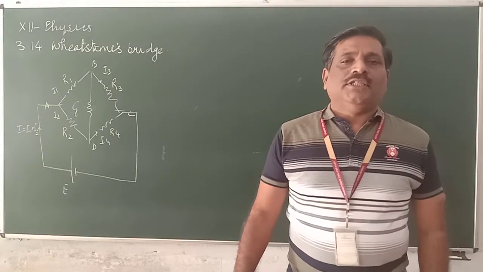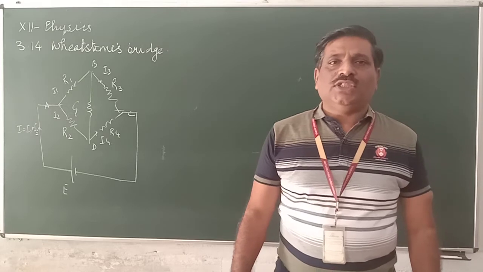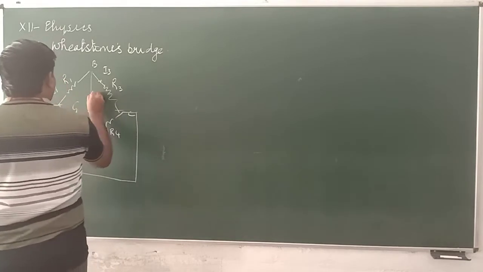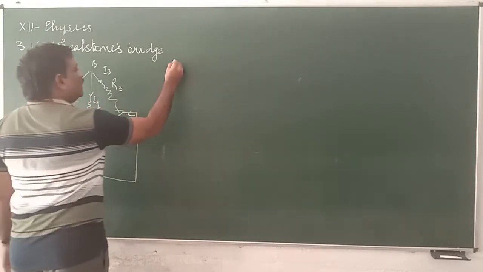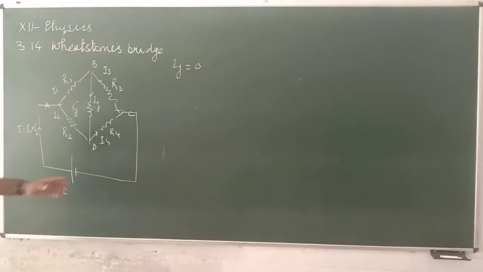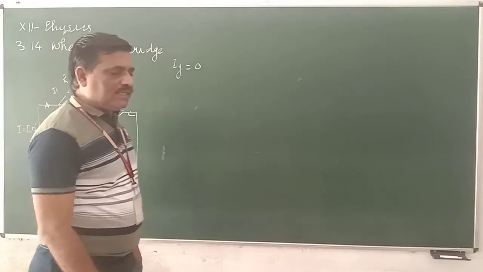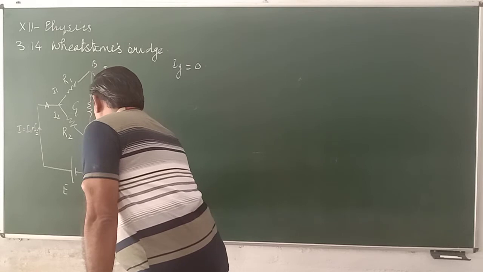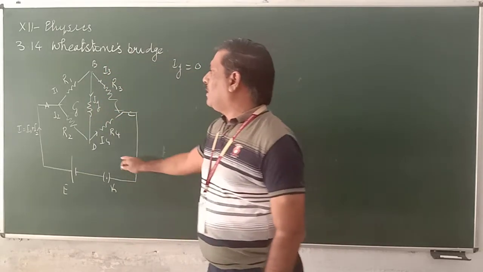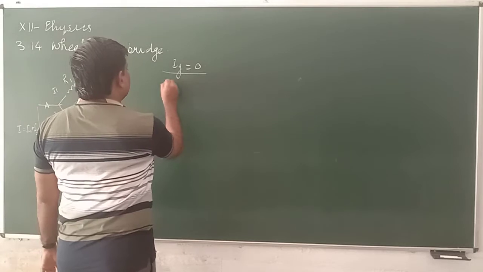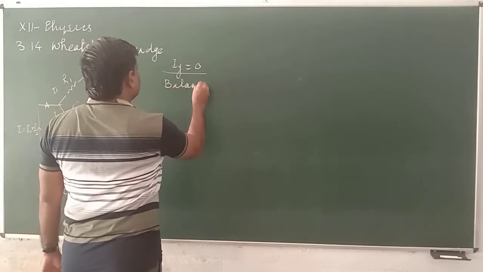When zero current flows through the galvanometer, this condition is called the balancing condition of the bridge. Current Ig through the galvanometer is zero. Even though the source is giving current and the key is closed, current is flowing through the circuit, but the galvanometer does not show any deflection. This is called the balancing condition.